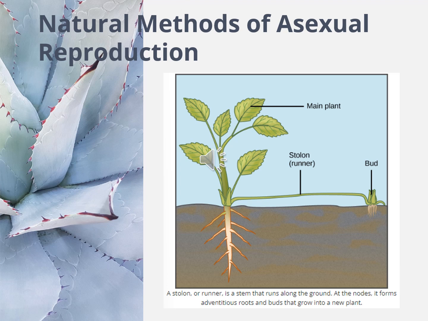Natural methods of asexual reproduction include strategies that plants have developed to self-propagate. Many plants, like ginger, onion, gladioli, and dahlia, continue to grow from buds that are present on the surface of the stem. In some plants, such as the sweet potato, adventitious roots or runners can give rise to new plants.